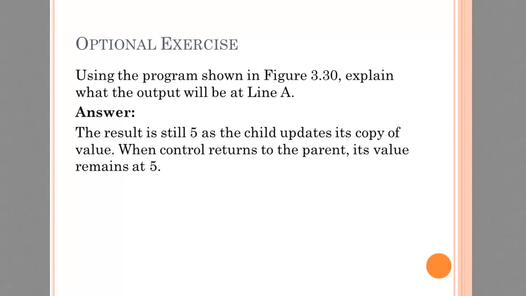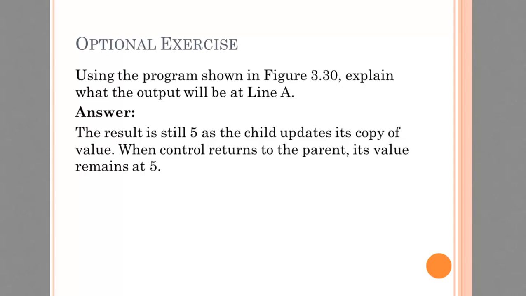So the answer to this is the result is still 5, as the child updates its copy of value. When control returns to the parent, its value remains at 5. This illustrates very clearly the difference between local and global variables. When a child has a variable, it's going to be its own copy of that variable.